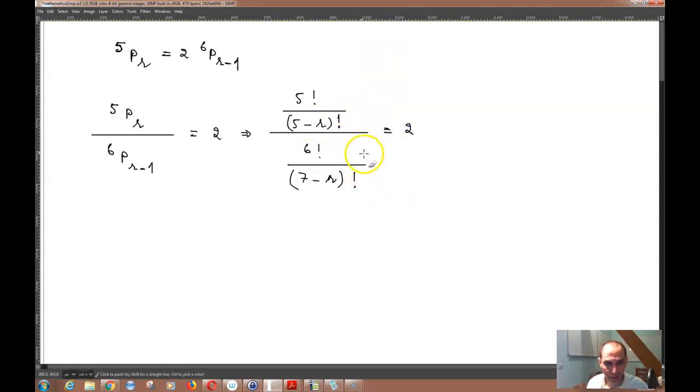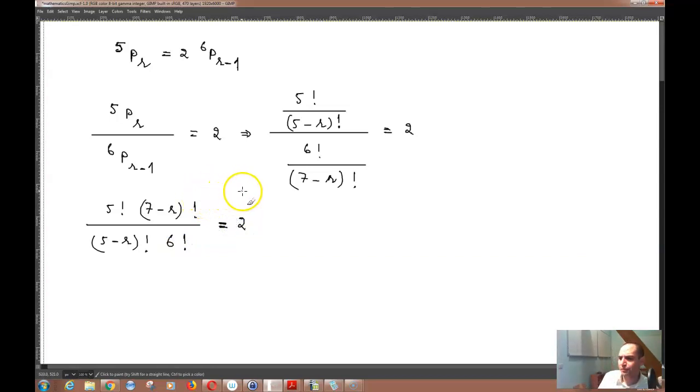So now what you can do is write this as 5 factorial over 5 minus R factorial times the reciprocal of this, which becomes 7 minus R factorial divided by 6 factorial, which is equal to 2.